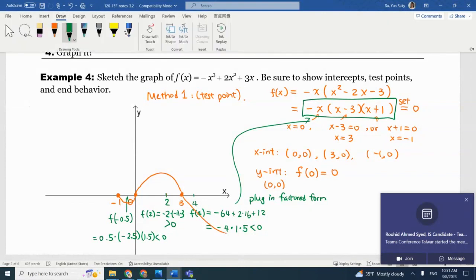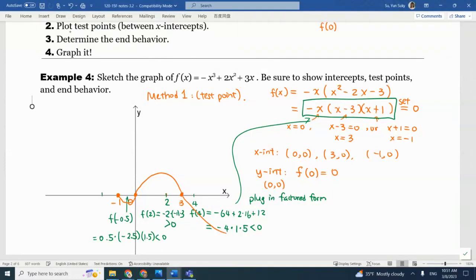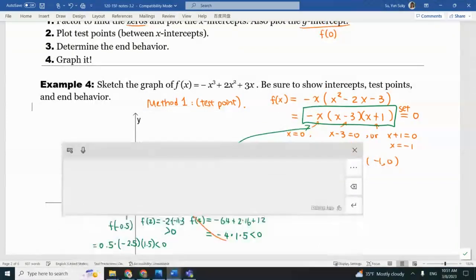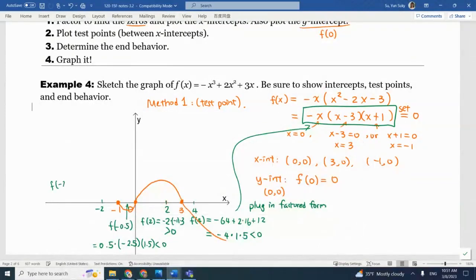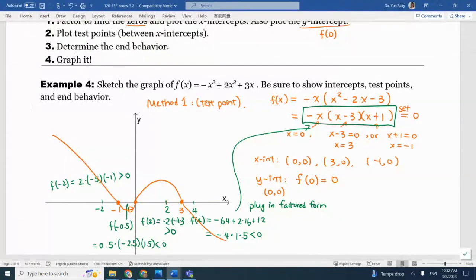Okay, finally, pick a number here. Negative 2. So f of negative 2. Negative of negative 2 is positive 2. Negative 2 minus 3 is negative 5. Negative 2 plus 1 is negative 1. Positive or negative? Positive. Above or below the x-axis? Above. Yes.